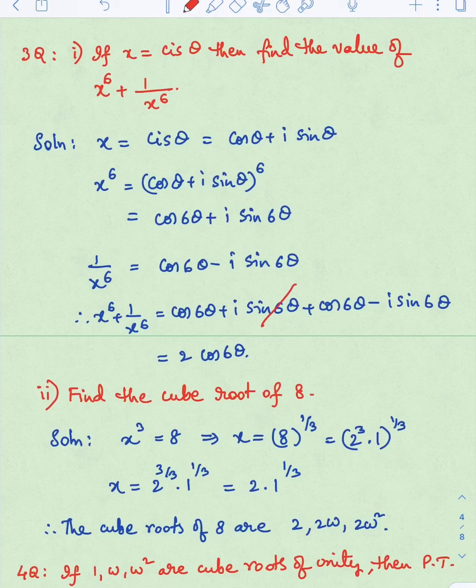Here i sin 6 theta has opposite signs, so you can cancel those 2 terms. How many cos 6 thetas remain? There are 2 cos 6 thetas. Add them, you get 2 cos 6 theta. That is the answer.